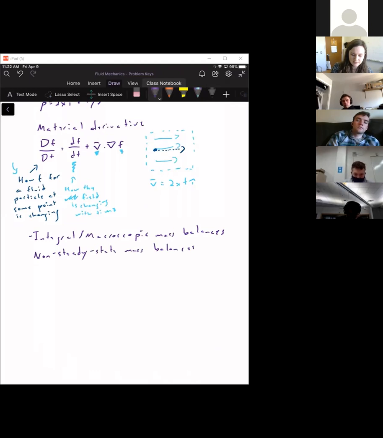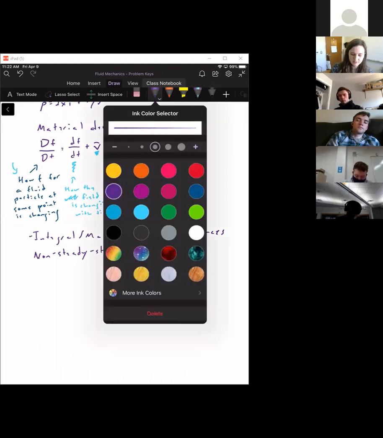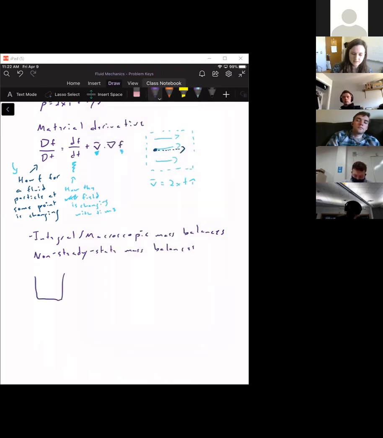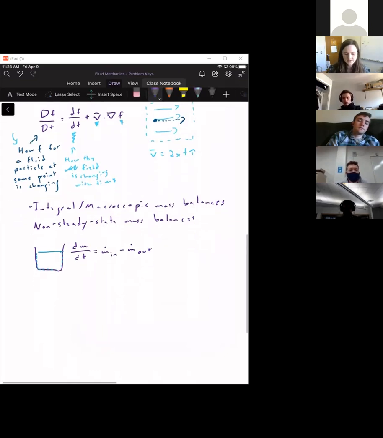Where you take some control volume. So for example, water in a tank, and this is the volume of water. So what can you do if this is incompressible?